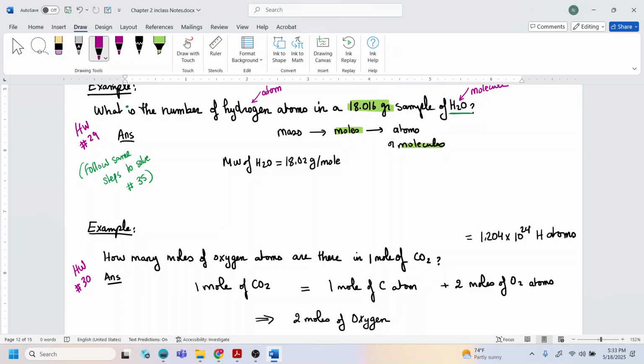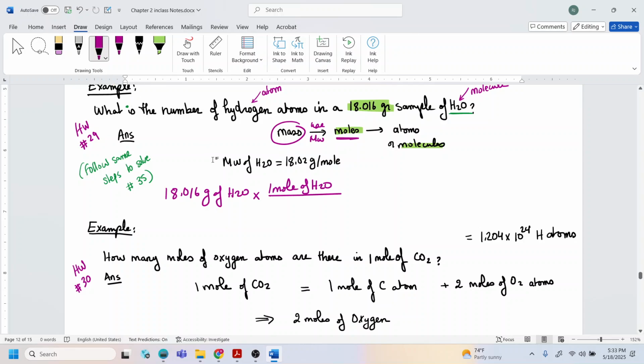Let's see. I'm given 18.016 grams of water, right? And I'm going to use the molecular weight and I'm going to get the moles. So I'm going to get the moles of the water. So 1 mole of water, get your molecular weight for this one.